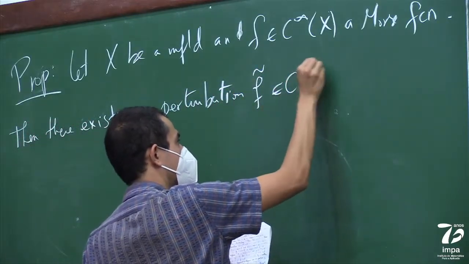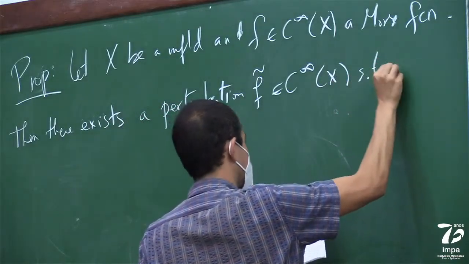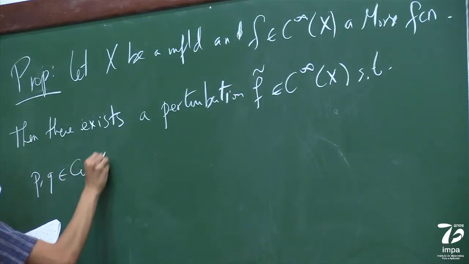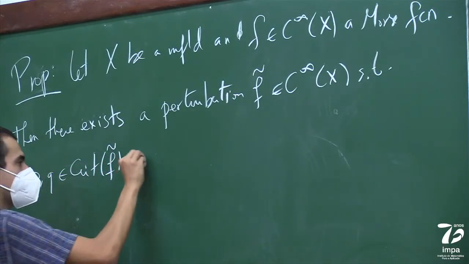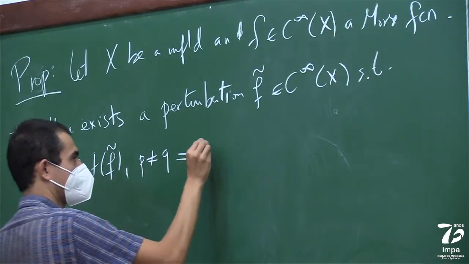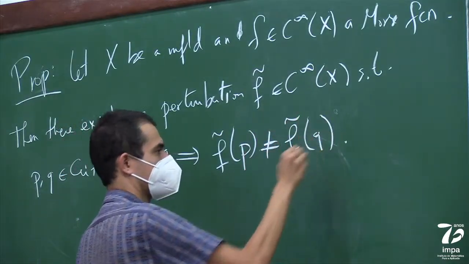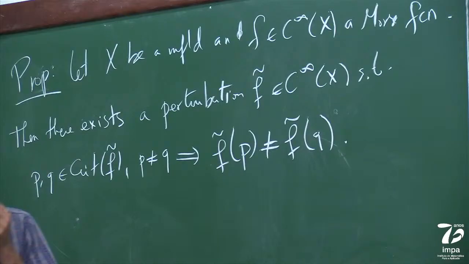It's just a different Morse function, such that if you have any two critical points which are different, then their images are going to be different. So that implies in particular, or that's equivalent to saying, that every critical level contains exactly one critical point.